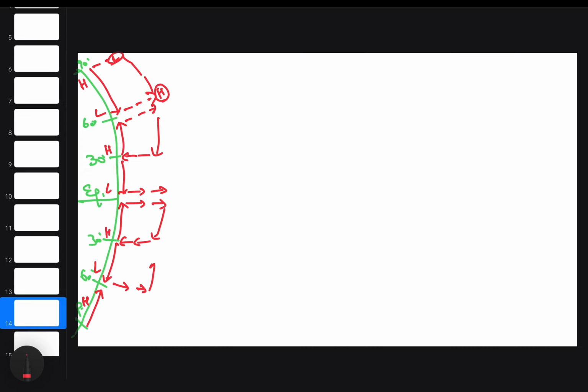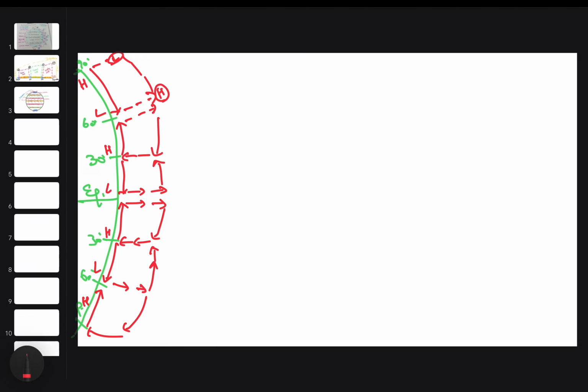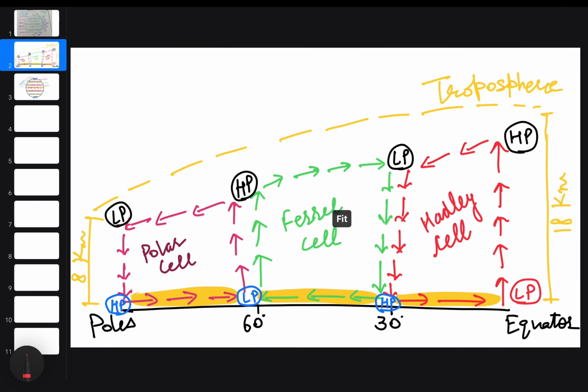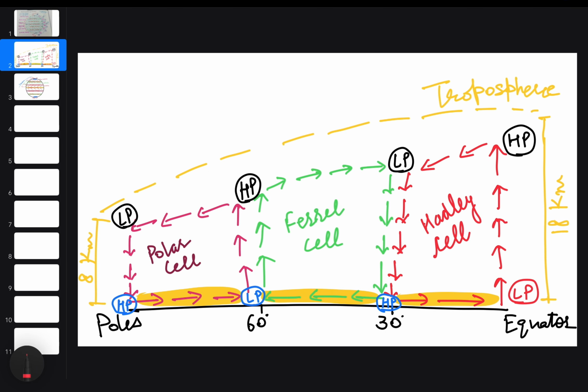It will rise in this and in this. This is the formation of the cells. At the poles high pressure, 60 degrees low pressure, 30 degrees high pressure, equator low pressure. So these will form circulations.